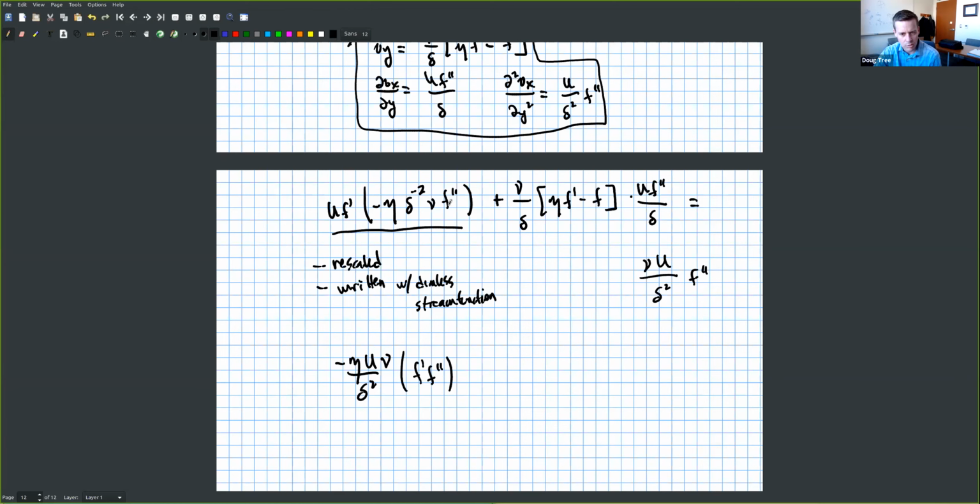This one is a nu. I have a delta squared in the bottom, a u on the top, and there's 2 terms, right? There's an eta f prime, f double prime minus f double prime. See that? Equals nu u over delta squared.